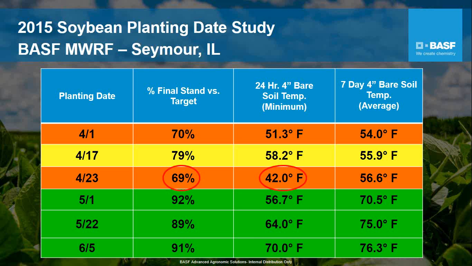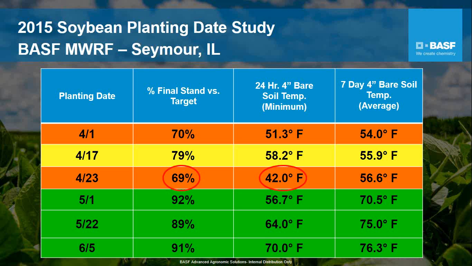This is much earlier. We went out and had reasonable soil conditions, with temperatures just above 50 degrees in the first 24 hours. I would call the soils tacky, but not in too terrible shape for early April. We planted one variety on April 1st and got a final stand versus our target of 70%, as you can see in the top line of the slide.